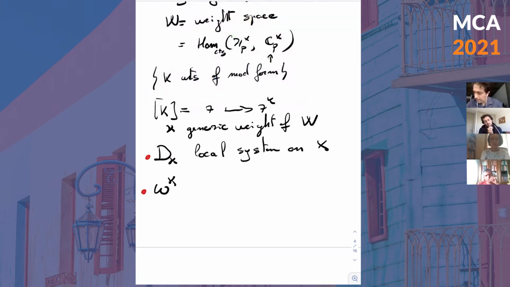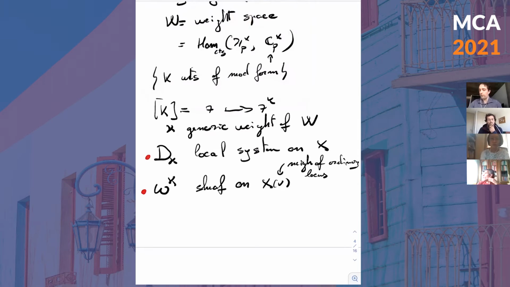Then I have this omega kappa, which is a sheaf not on X, but on XV, which is a neighborhood of the ordinary locus. So what I'm doing, I'm taking my X, I remove some points that have a reduction modulo p a supersingular elliptic curve, and then I take a neighborhood of this new space.